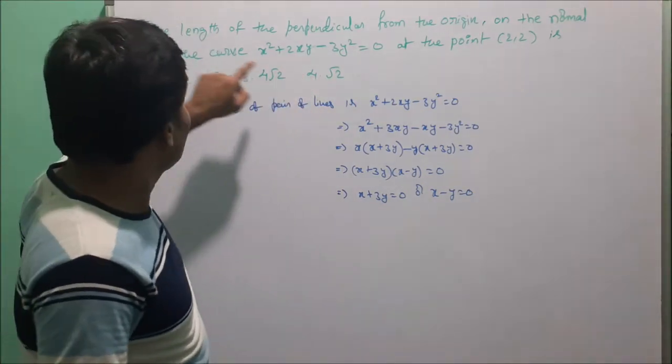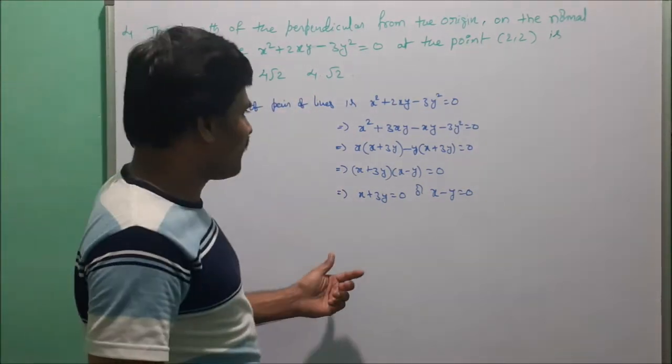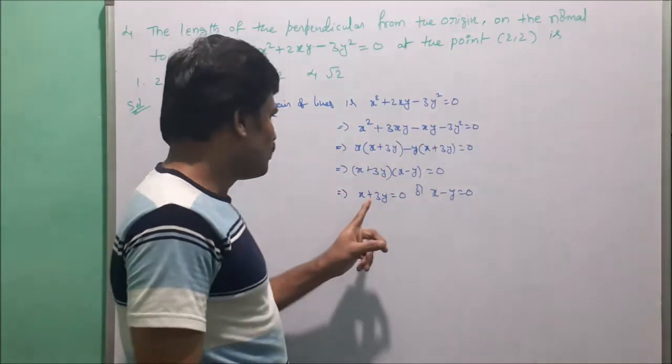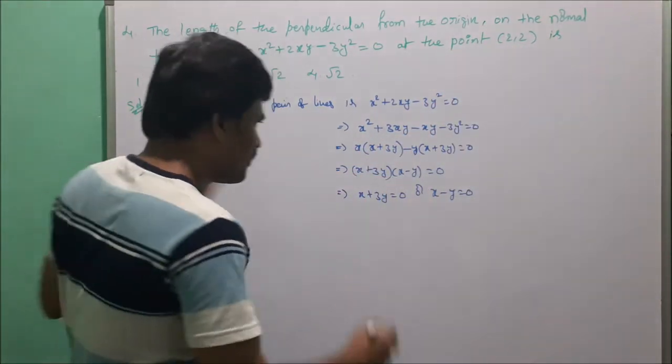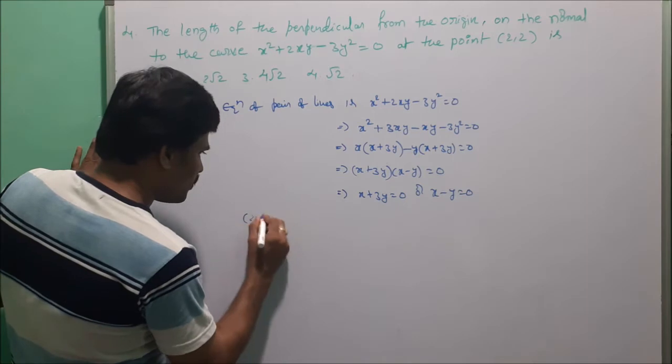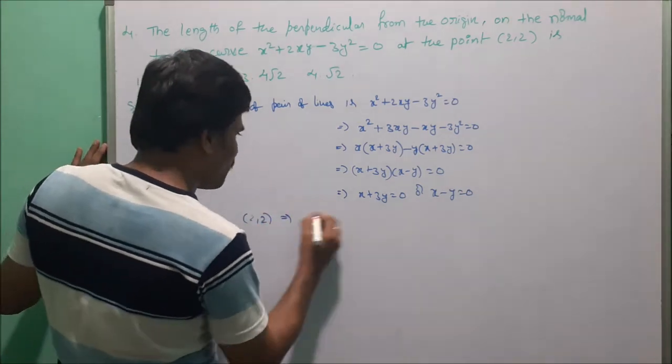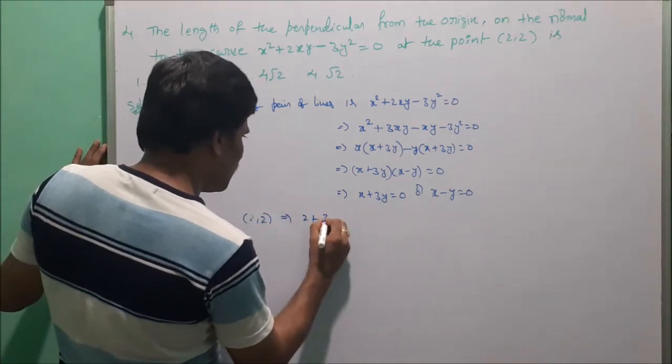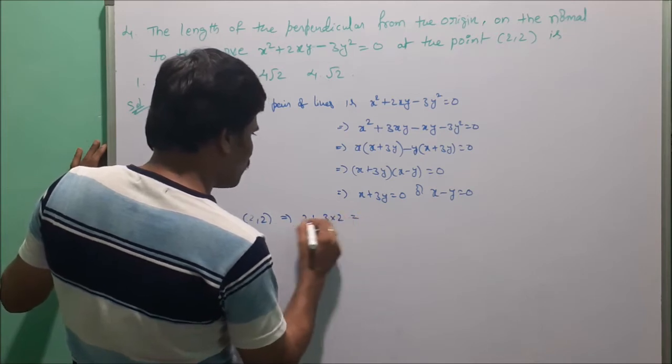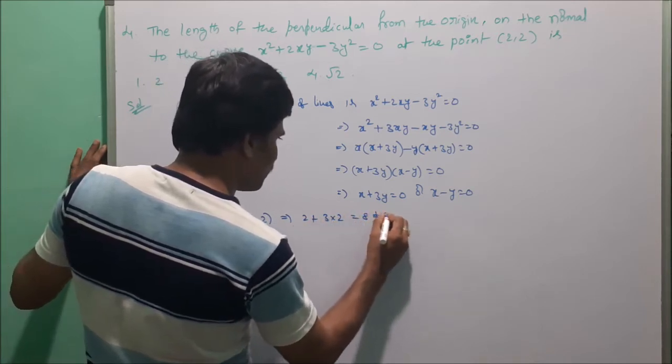Now first of all verify the point (2, 2) in these two equations. Substituting in x plus 3y: 2 plus 3 into 2 equals 2 plus 6, which is 8, not equal to 0.